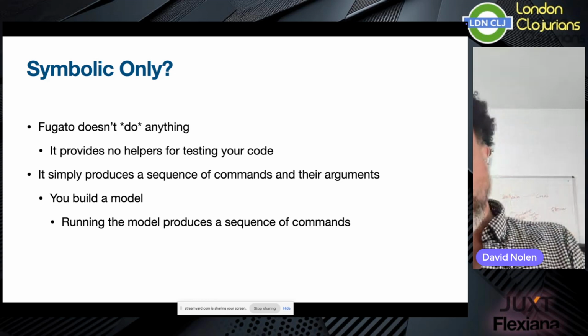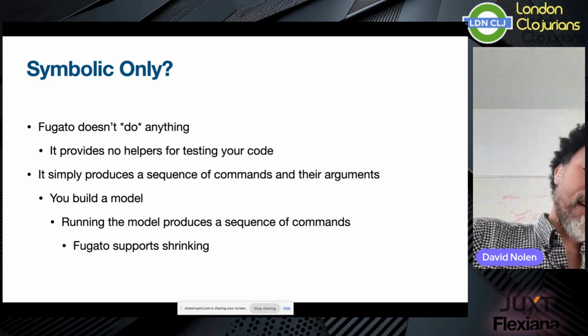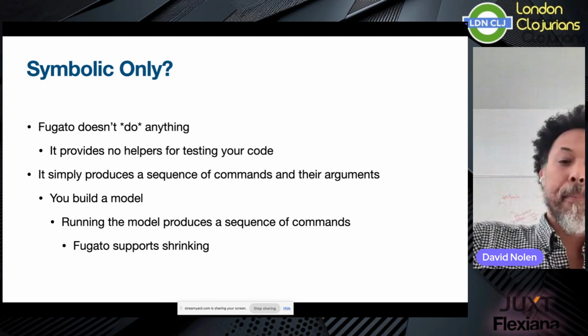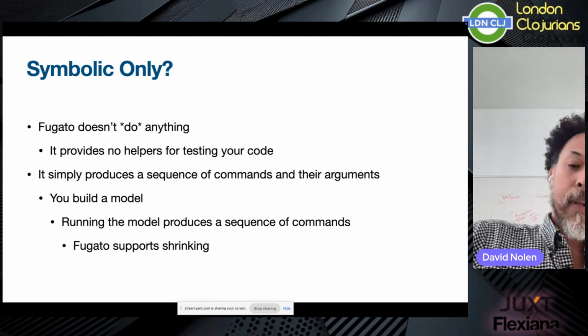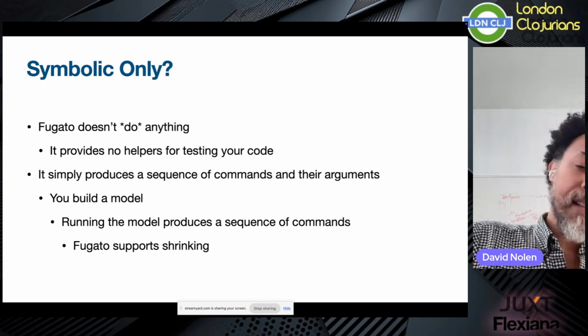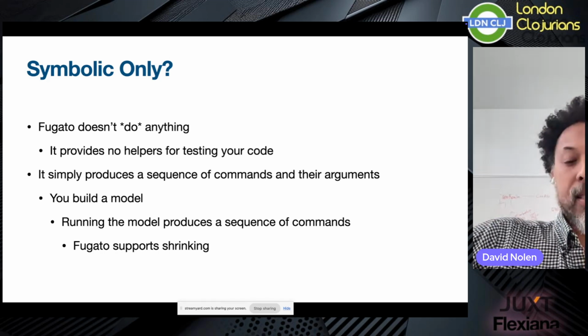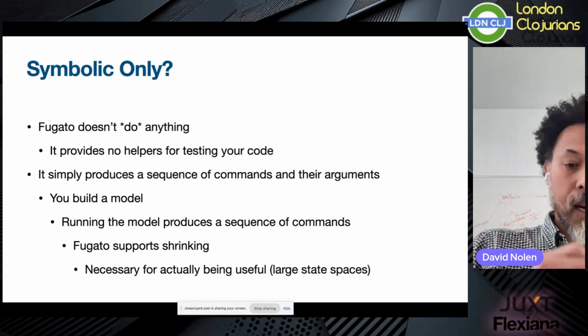And then when you execute the model, you get commands out of it, and you get shrinking. We are able to check that you have a certain expectation, that expectation is violated, and then we can shrink the model to find the minimal set of commands that failed some property you were checking for.